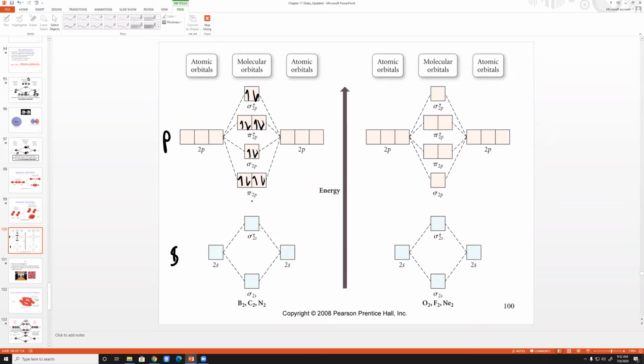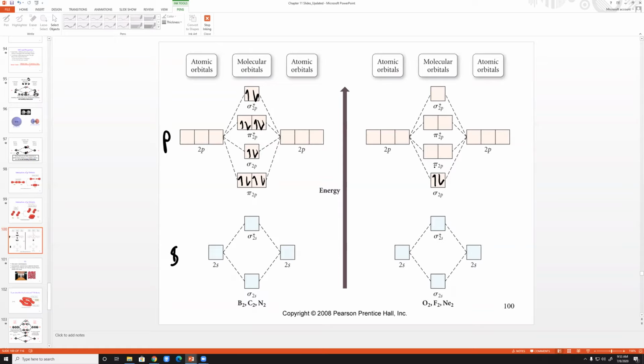So that's one case. Then to the right of nitrogen in the periodic table, you have oxygen, fluorine, and neon. Oxygen, fluorine, and neon follow what you would expect because the sigma 2p orbital, which is only one, is a single bond, and is represented as the lowest energy level because it's more favorable for these.